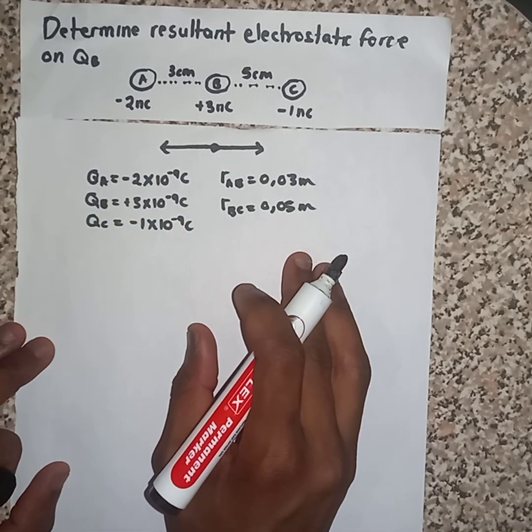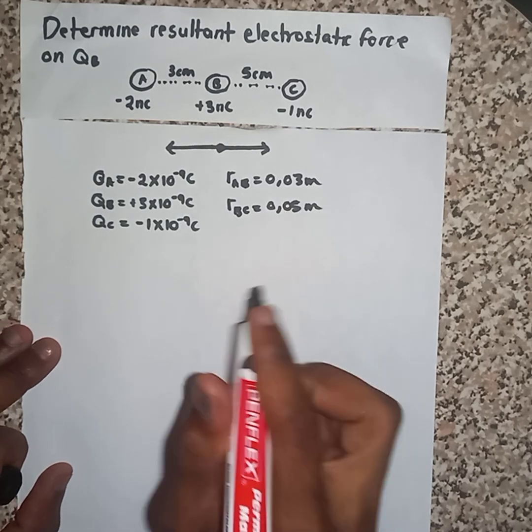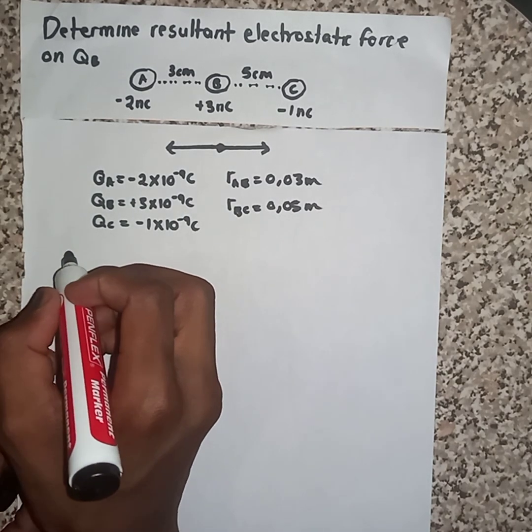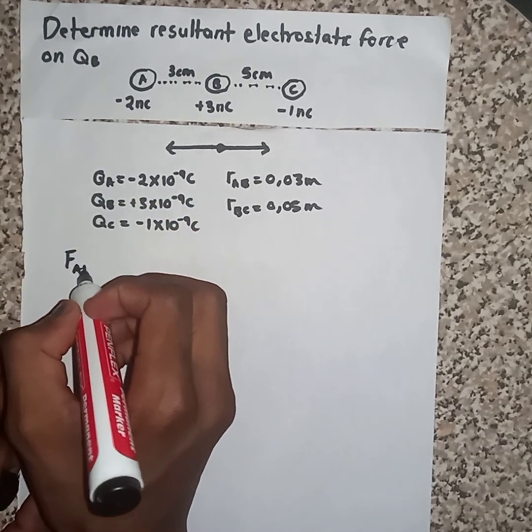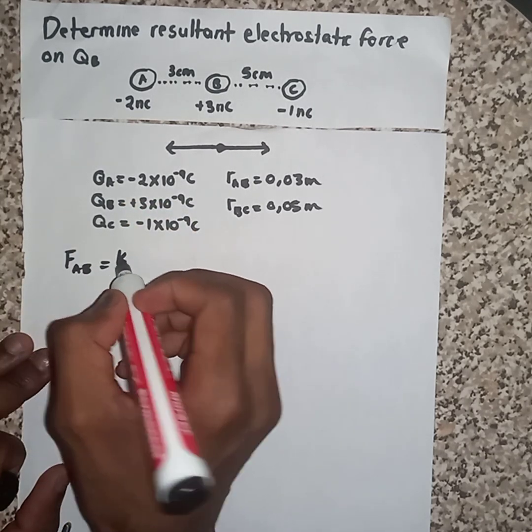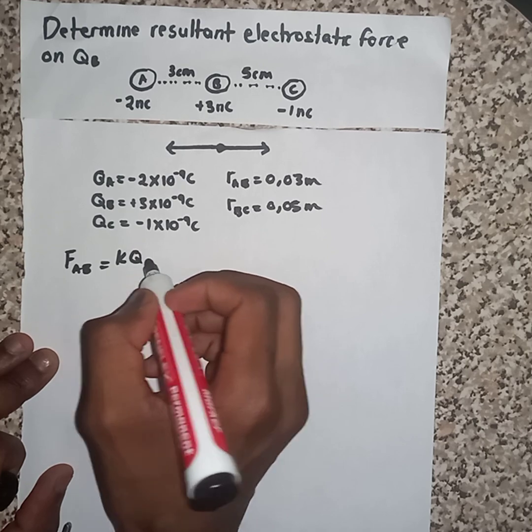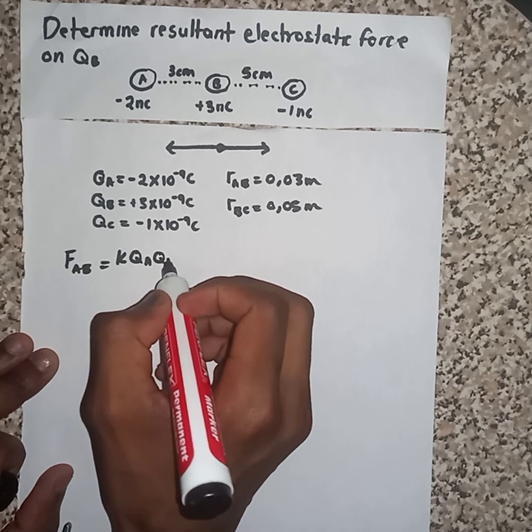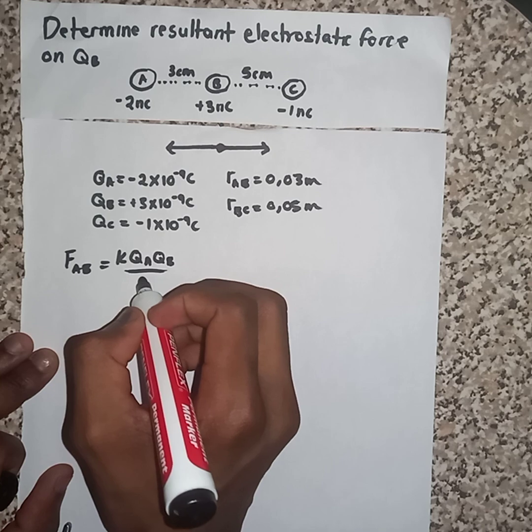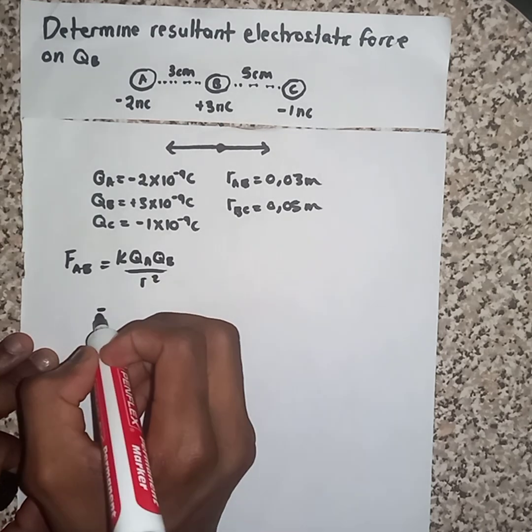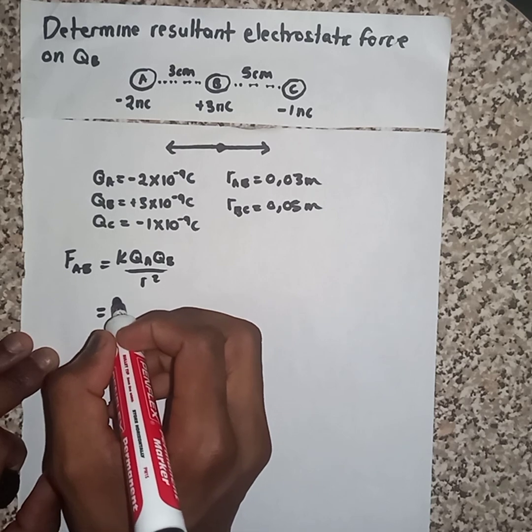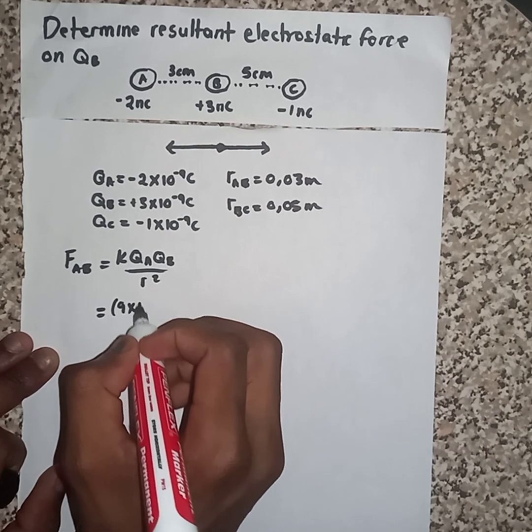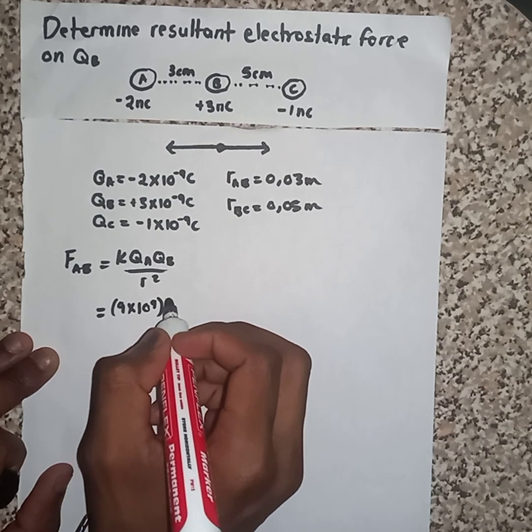Now we are going to use Coulomb's law formula, which states F between A and B is going to be K QA QB divided by R squared. Our K is a constant value, which is 9 times 10 to the power 9.